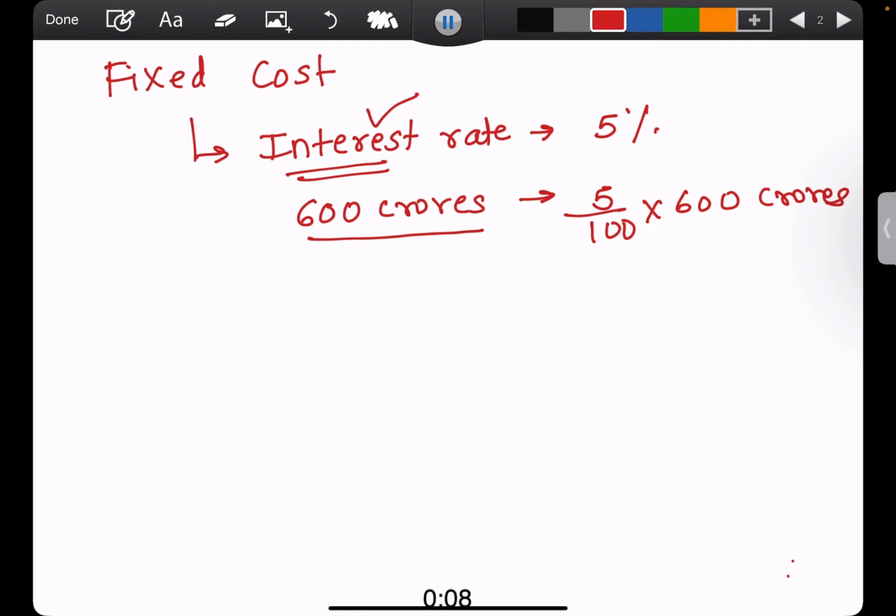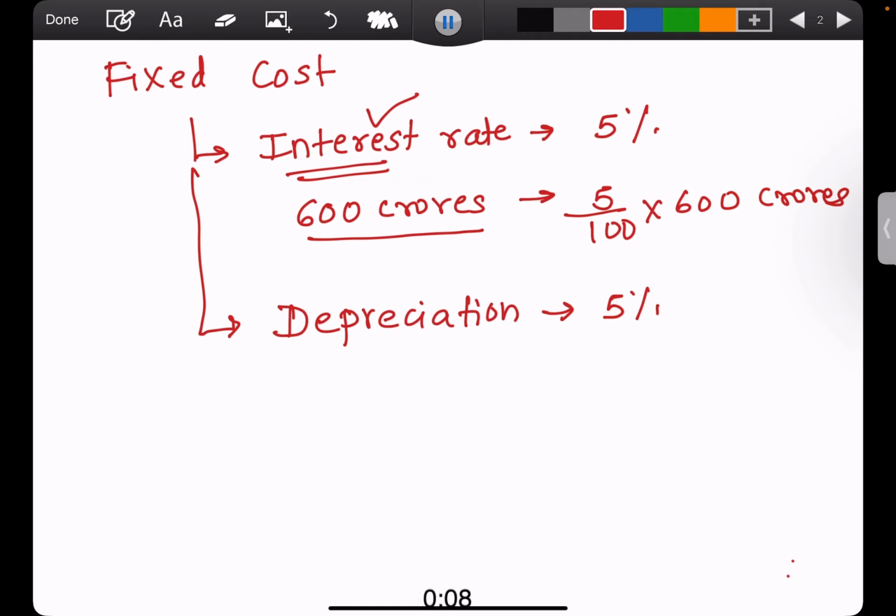The second thing in the fixed cost is known as depreciation. Depreciation means the reduction in value, because as the power plant ages and becomes older, the valuation of that property would reduce. To account for that, there is something called depreciation. Let us say that the depreciation is another 5%.